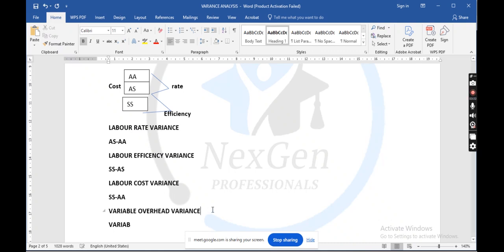Variable overhead variance is divided into three.